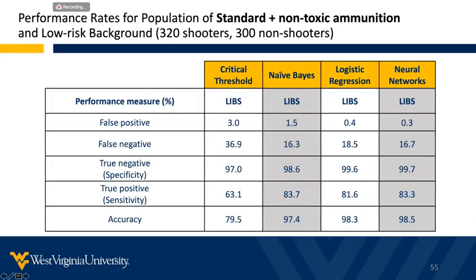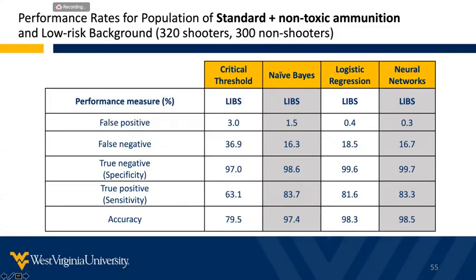From this population, we can then estimate the number of false positives, false negatives, true negatives, and true positives. And with that information, we can estimate the accuracy of the method to differentiate between a shooter or non-shooter, or between the presence or absence of gunshot residues, to be more exact.